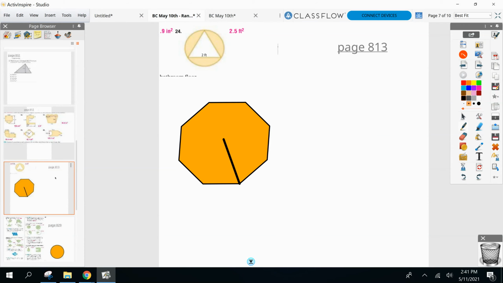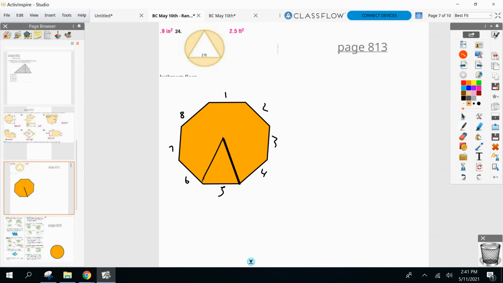Just make sure we're good with those. How to determine what the angle is, if it's going to be a 30, 60, or 45 degree angle, or something else that's going to require sine, cosine, tangent. Usually with the hexagon, this is not a hexagon, right? 1, 2, 3, 4, 5, 6. Yeah, this is an octagon.